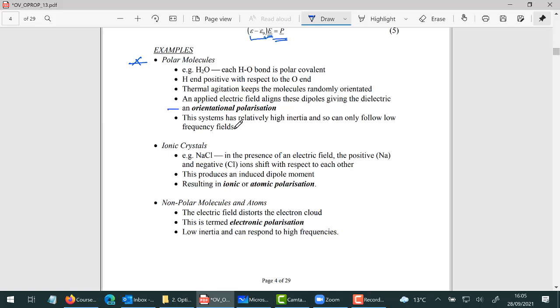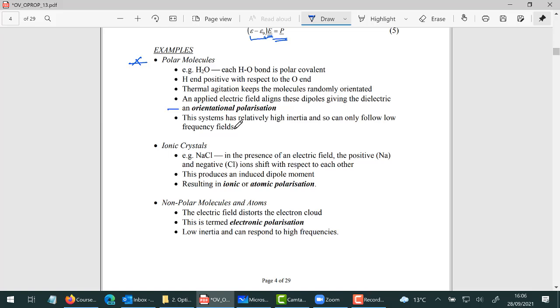Now, because we've got to move the whole molecule, the whole thing has to spin around, then compared to the next couple of categories, you have a fairly high level of inertia. It can't spin around easily because it's got a relatively large mass compared to just an atom or an electron, for example. Because it has a relatively high inertia, it can only follow relatively low frequency electric fields.